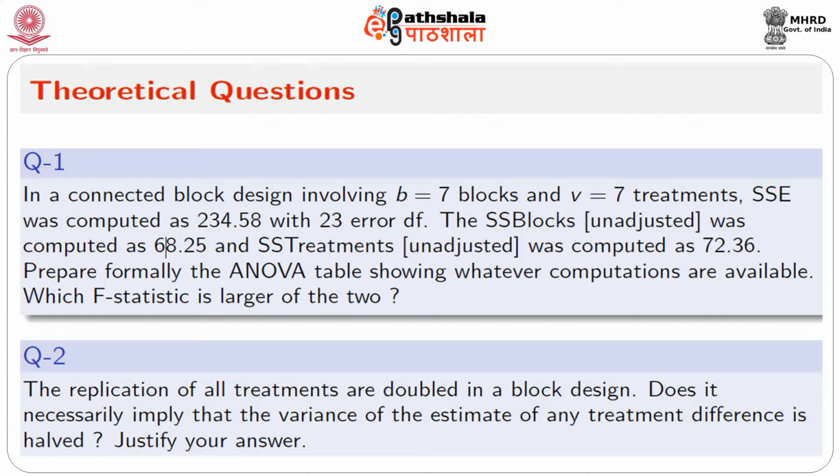What is missing is the total sum of squares. So we have to put a note saying that we have to assume certain value for that, and we know that has to be much more than 234.58 plus 68.25, as well as that has to be more than 234.58 plus 72.36. You will take the larger of the two and add something more to that, and then take it to be the total sum of squares. Okay. And then we can go ahead and compute the rest.